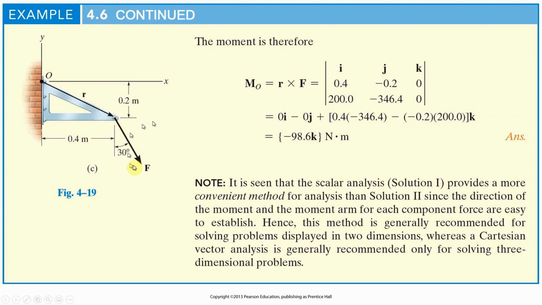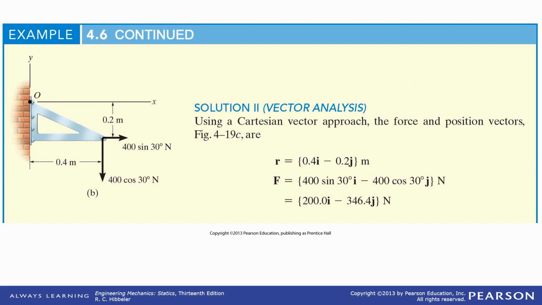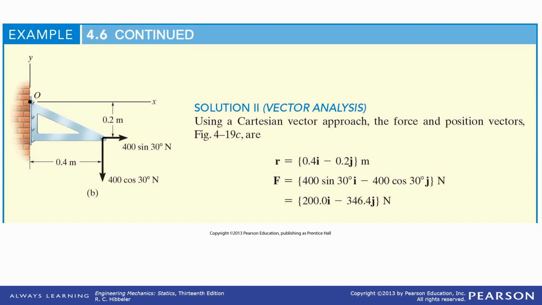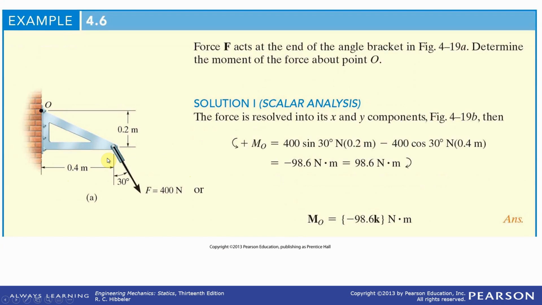You could take the two forces times R, or you can take the R times F. Sometimes you want to use Varignon's theorem in reverse. You have this problem. This is a lot easier. I like this one best, actually, because it's just this force times this distance minus this force times this distance. This isn't too bad.